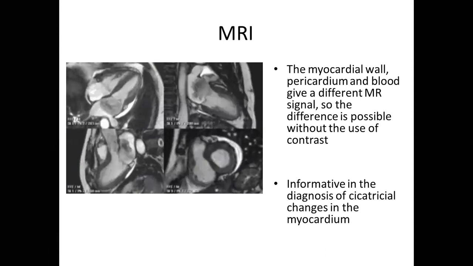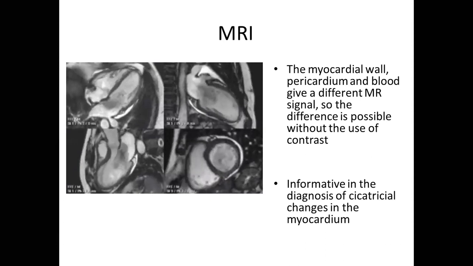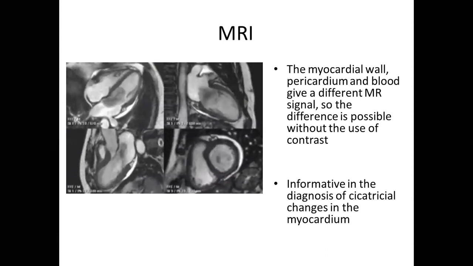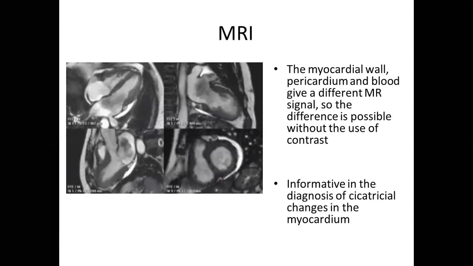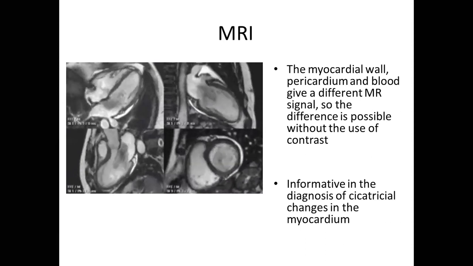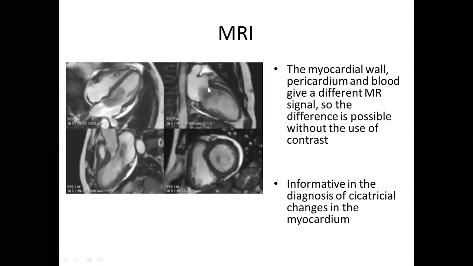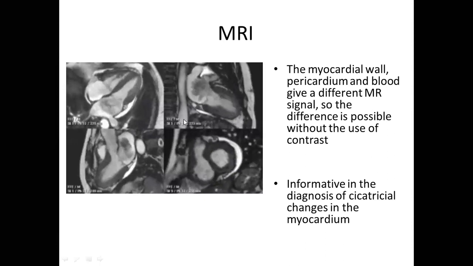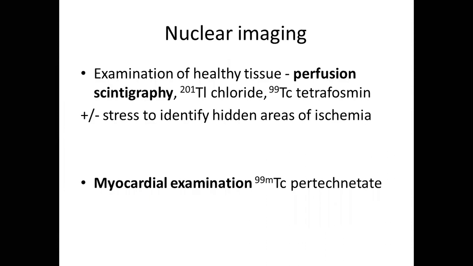So magnetic resonance imaging gives us very good information and a huge clue in understanding why this patient has pulmonary edema. Not because he has valvular pathology, but because he has a relatively big tumor filling the cavity of the atrium.